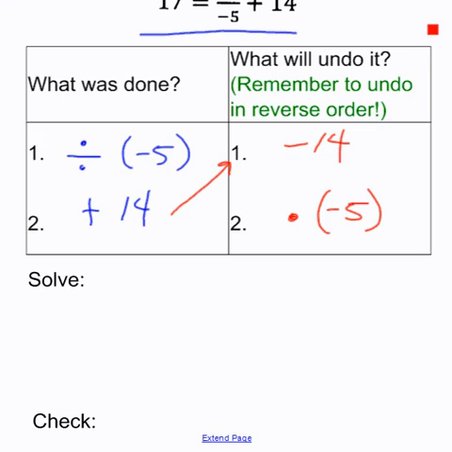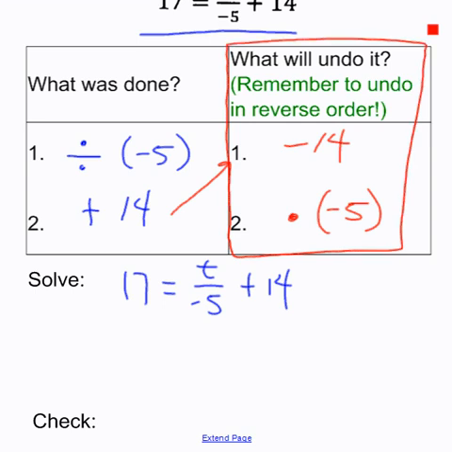So I put my original equation in here, 17 equals t divided by negative 5 plus 14. Remember, I'm just following these. Once I've written this out, this is just my set of directions that tell me what to do. So it says subtract 14 first.